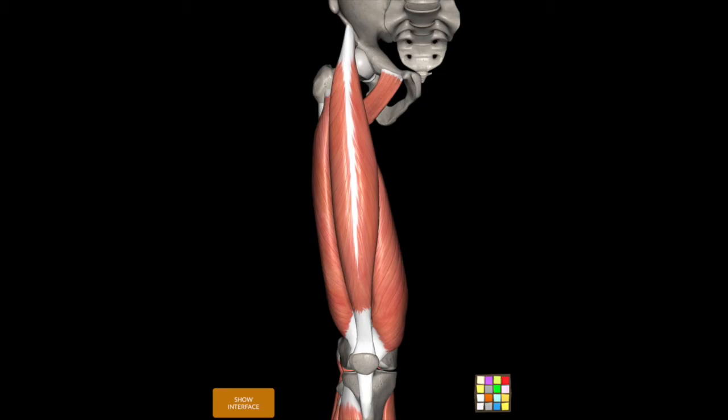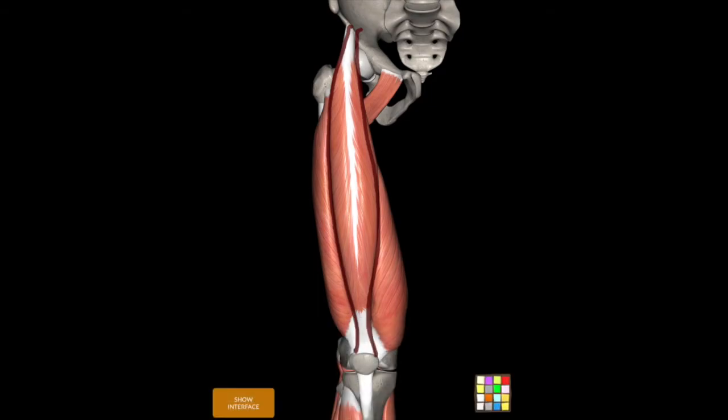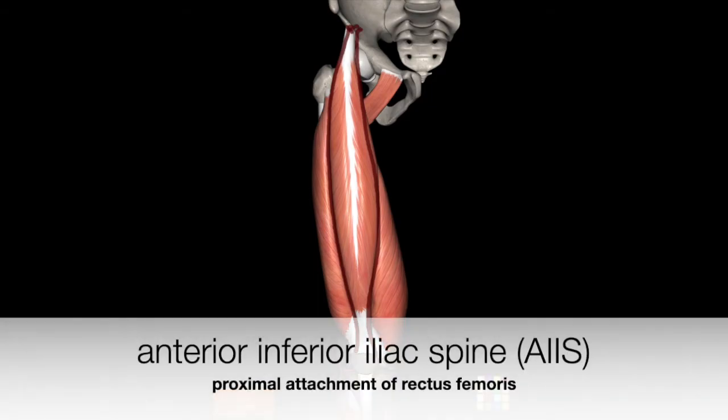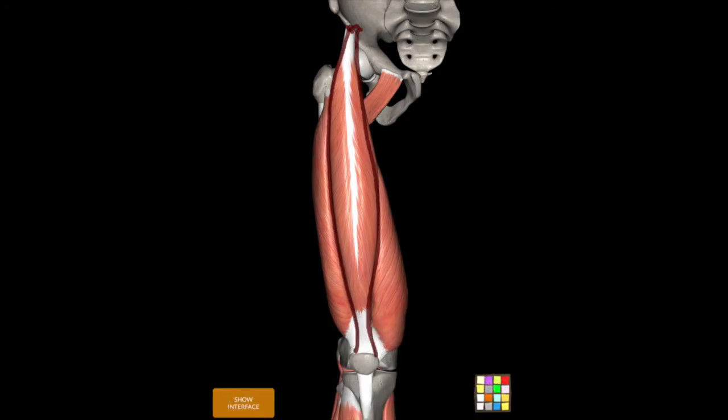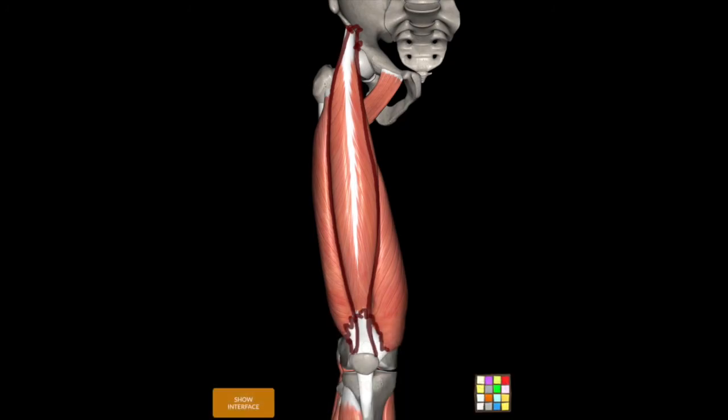The longest and straightest of the quadriceps femoris group, and the only one that also crosses the hip joint, is this, which is rectus femoris, rectus meaning straight, and its proximal attachment is the anterior inferior iliac spine here, and also a small secondary attachment on the superior lip of the acetabulum, and its distal attachment is into the common quadriceps tendon here, which then passes through the patella and forms the patellar ligament, which attaches to the tibial tuberosity.